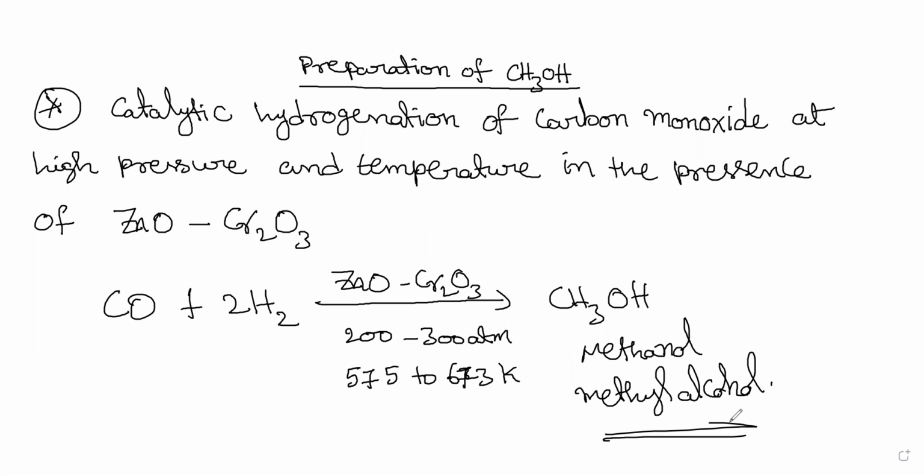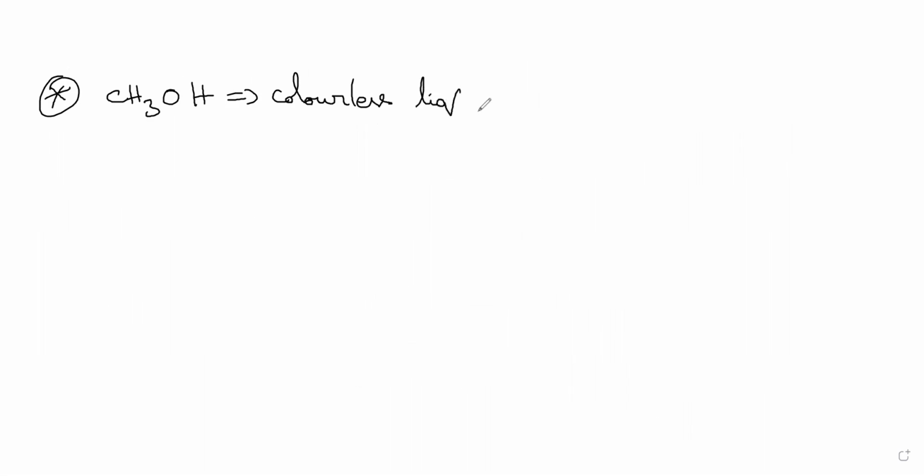Okay, sir. Now the properties: CH3OH is a colorless liquid. Its boiling point is very low, about 337 Kelvin.